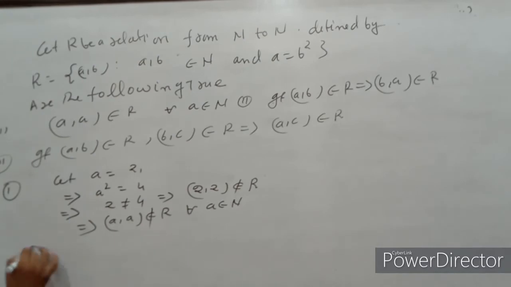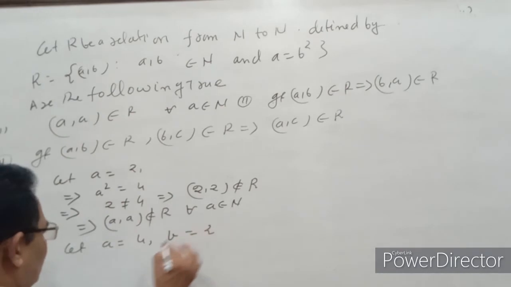Second, let a is equal to 4 and b is equal to, हमने लिया यहाँ पर 2, and b is equal to 2.